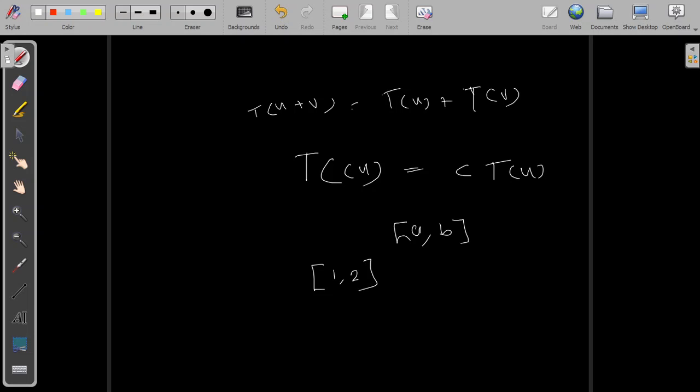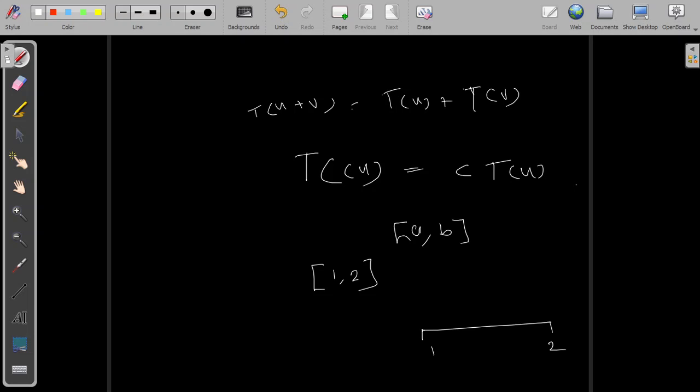A straight line you draw, then this is 1 and this is 2, and the closed interval 1, 2 means the set of all points between 1 and 2.